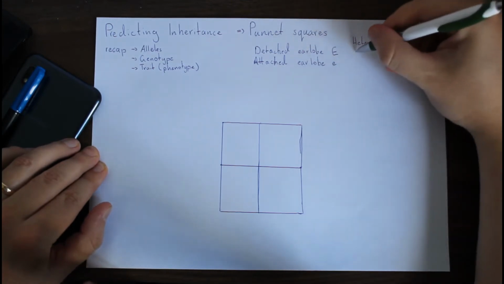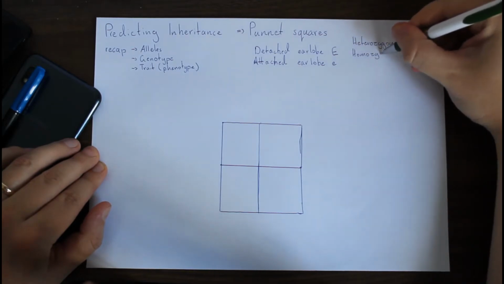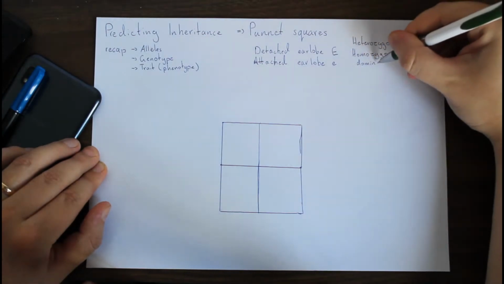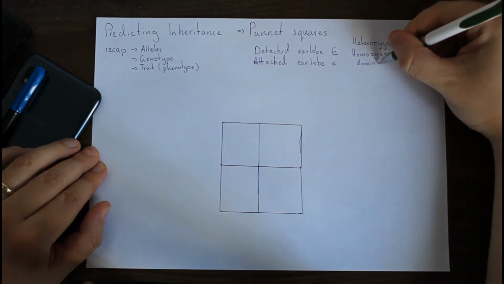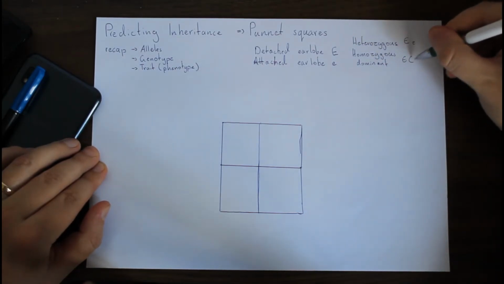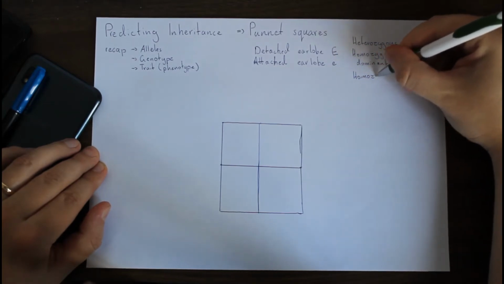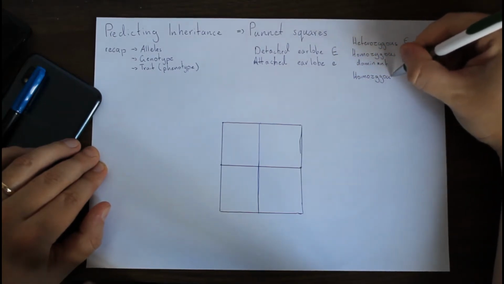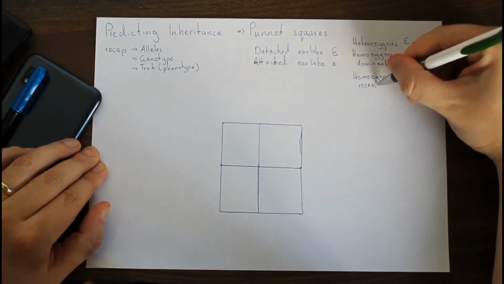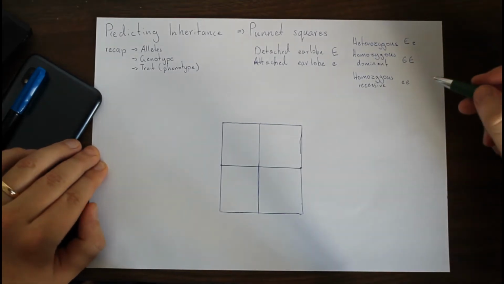We could have a homozygous dominant, that's going to be our two dominant alleles. Or we could have a homozygous recessive genotype, which is our two recessive little e's.